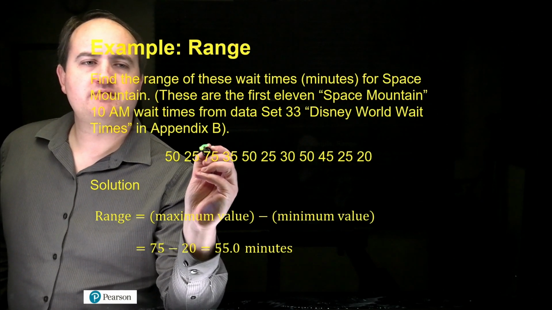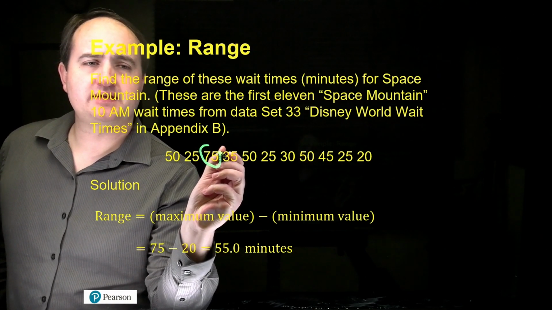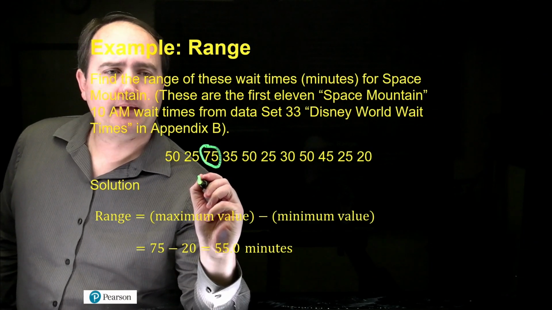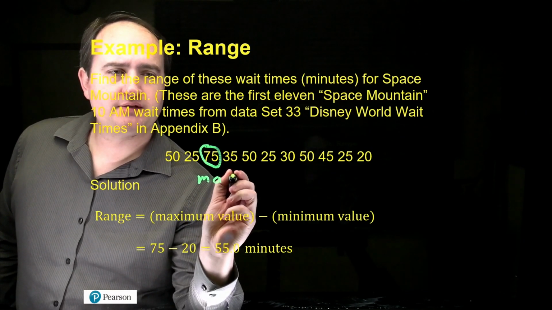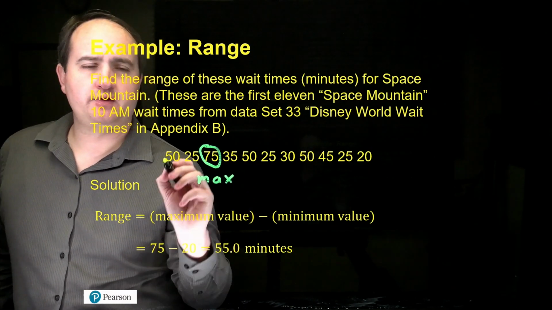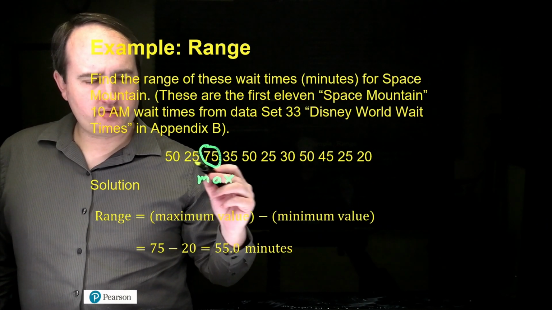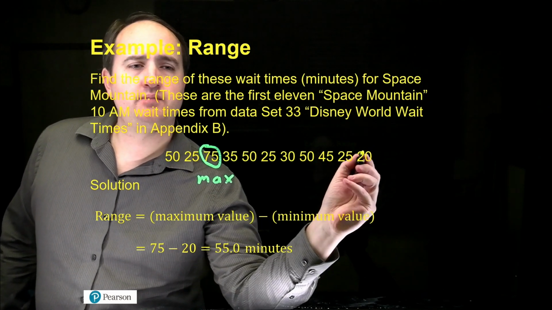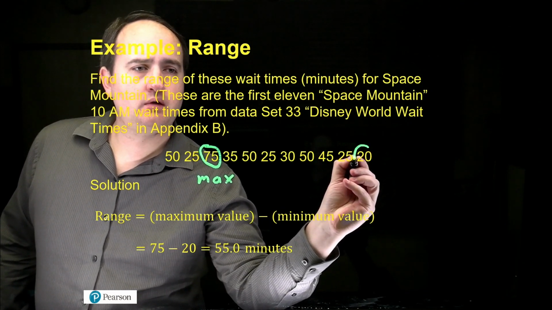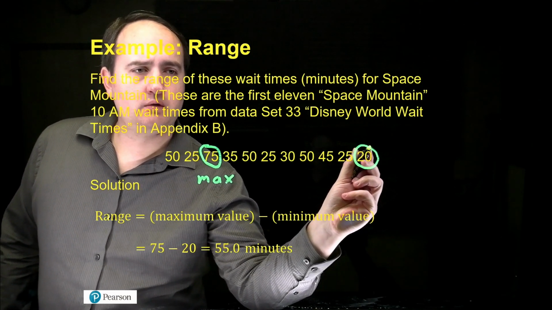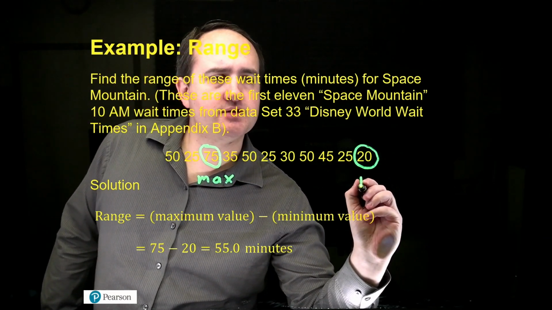Okay, so 75 is the largest, that's the max. And then we need to find the smallest, so we look through all the data values for a data value that's smaller than all the others, which here is going to be 20. Okay, so 20 is the min.